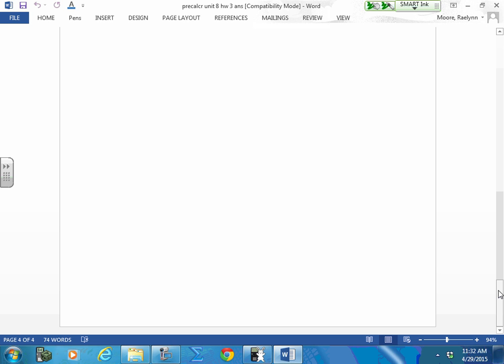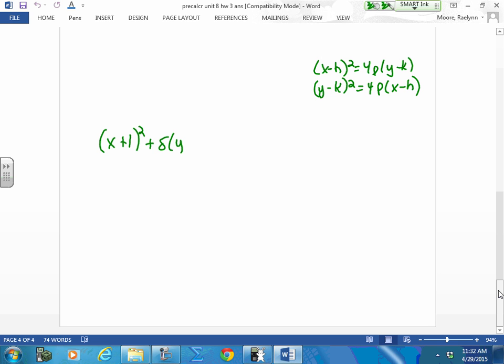Remember, you have two basic formats: if y is squared or if x is squared. Okay, so the first one I gave you, I kind of did this so that you would almost see the setup for this. But some of you forgot to move this to the other side.